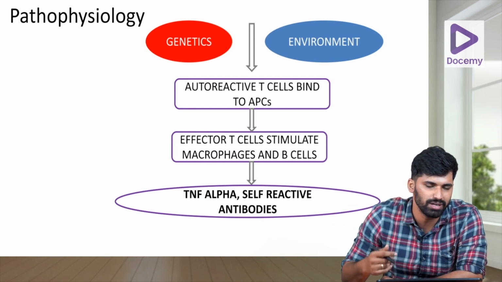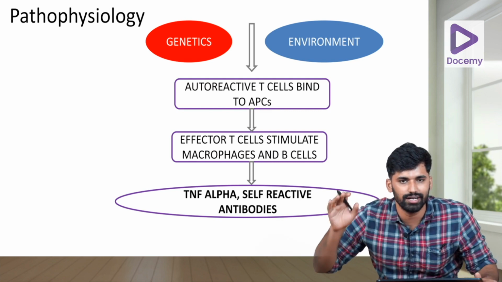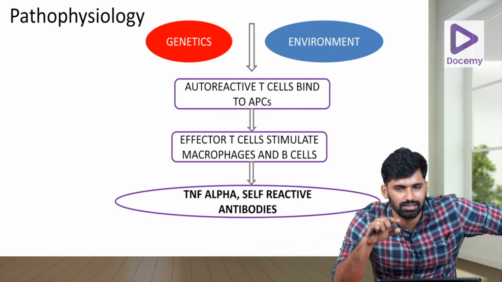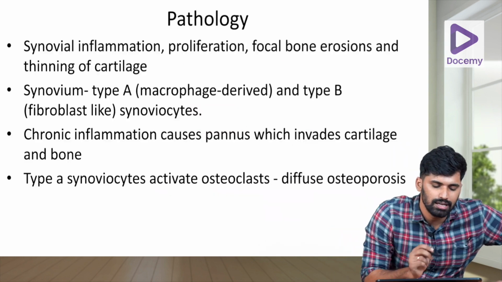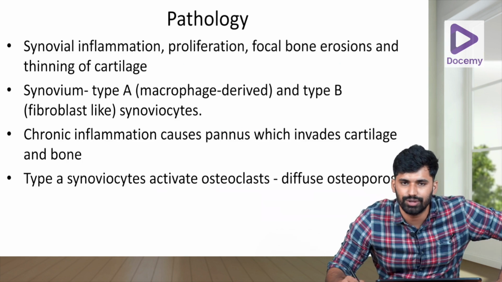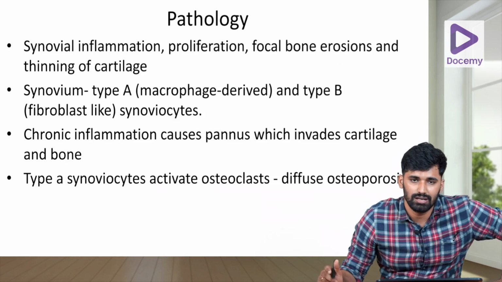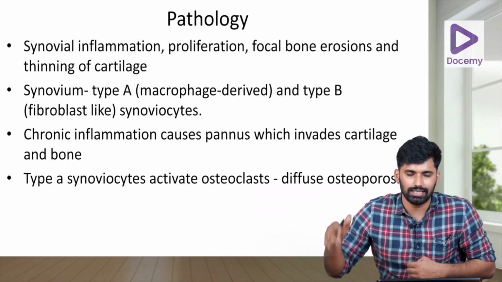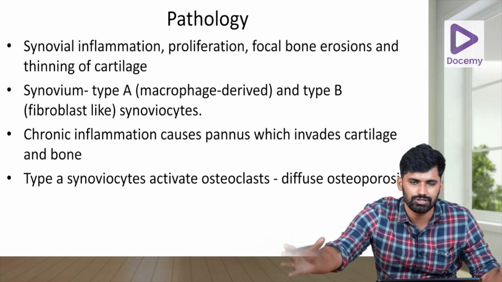Due to ongoing systemic inflammation, which causes increased TNF alpha, and autoreactive antibodies which enter the joint, the joint reacts by forming a pannus, and the pannus is constituted of type B fibroblast-like synoviocytes which invade the cartilage and the bone. The type A synoviocytes transform into osteoclasts and cause diffuse osteoporosis.